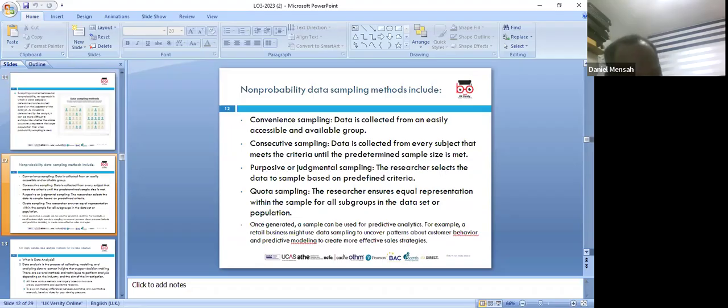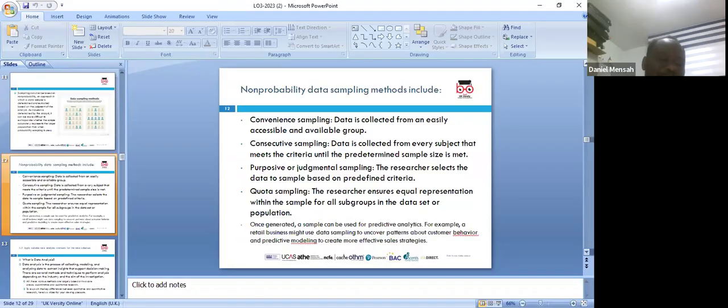You could also do what we call judgment sampling, where the researcher selects the data to sample based on predefined criteria. A predefined criteria means you've been given parameters within which you have to operate. You cannot go overboard on the parameters. That's what we call judgment sampling.